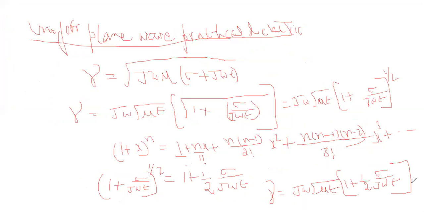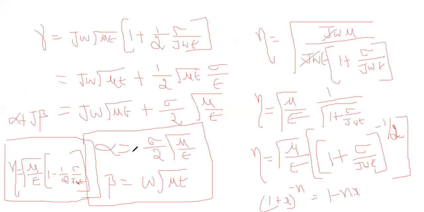So for this case, we got alpha equal to sigma by 2, beta equal to omega under root of mu epsilon, and eta equal to square root of mu by epsilon into 1 minus 1 by 2 sigma by j omega epsilon. Now you can see eta depends upon the frequency, and beta too. Alpha does not depend upon the frequency, but it has some value, not equal to 0 practically. Even if it is a perfect dielectric, there is some small amount of conductivity. Understood?